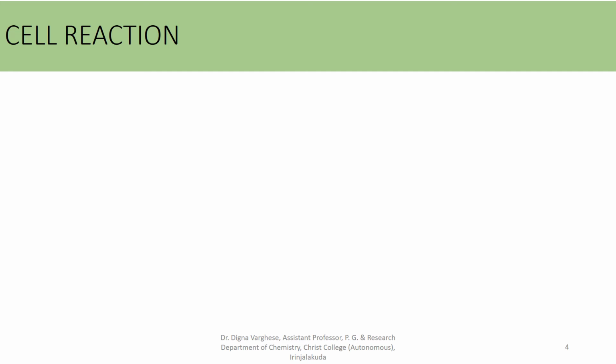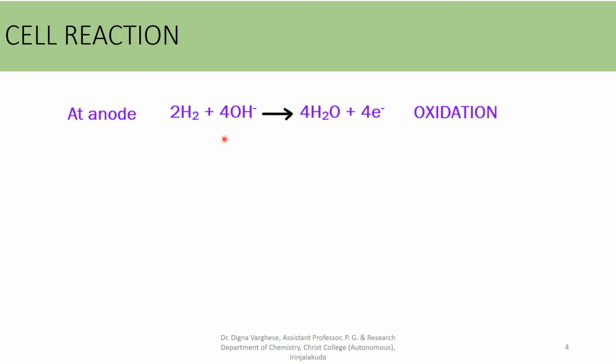Cell reaction. At the anode, oxidation takes place. Remember our code, OIL RIG and the like: at the anode, oxidation takes place. 2 H2 plus 4 OH minus, that is OH minus meaning alkali, giving 4 H2O plus 4 electrons. Oxidation is the removal of electrons.